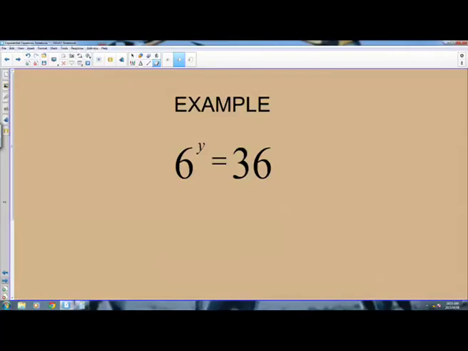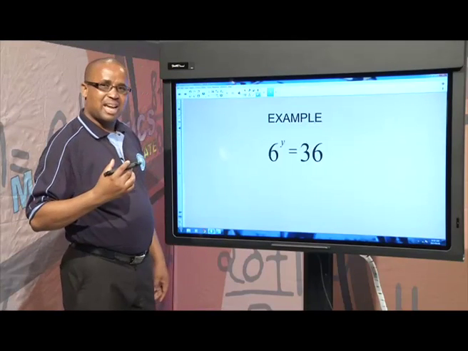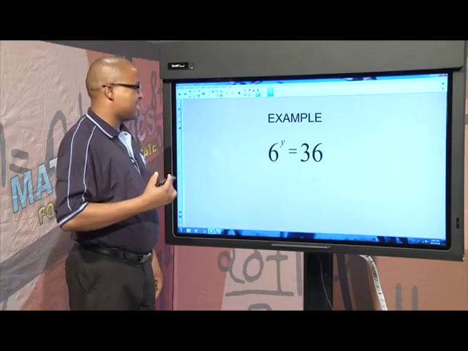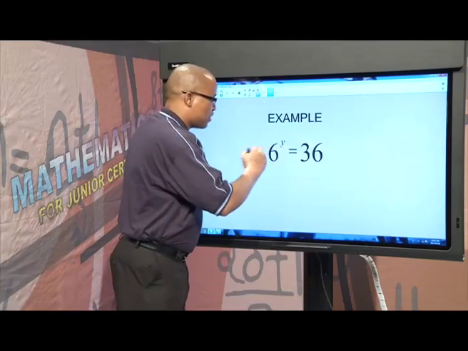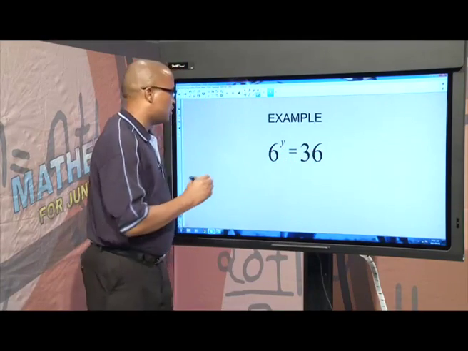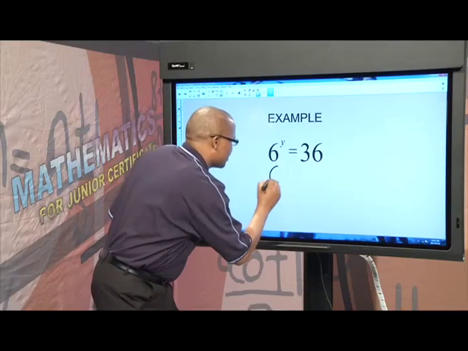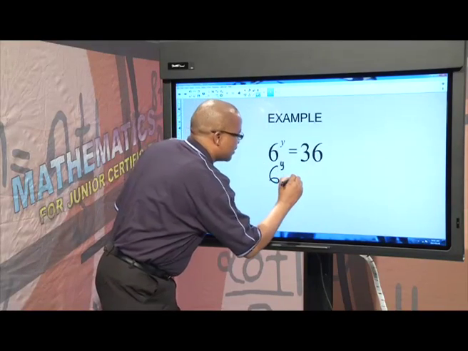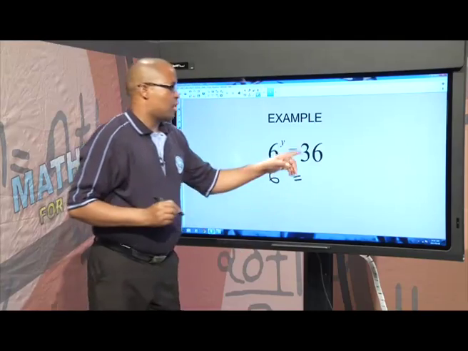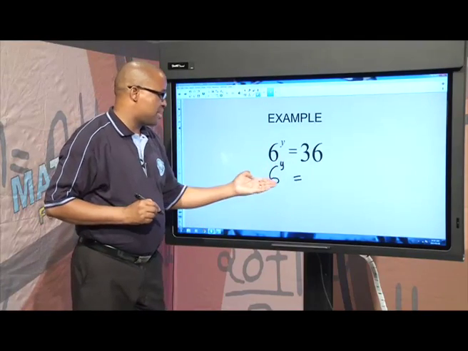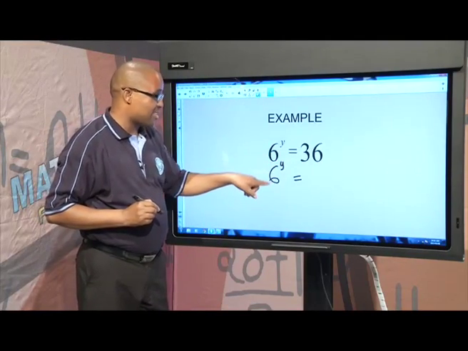Another example is 6 to the power y equals 36. On this side we have 6, and on the other side 36. Every time, you make sure that the bases on either side of the equal sign are the same. So this is 6 to the power y equals, you write 36 using base 6, because you are guided by the 6 here.